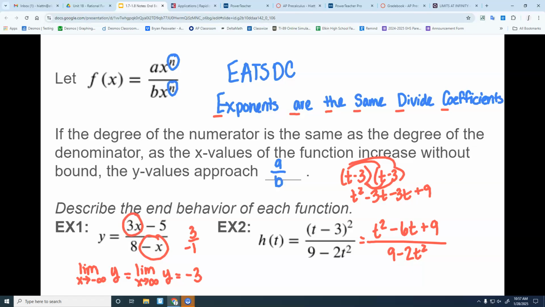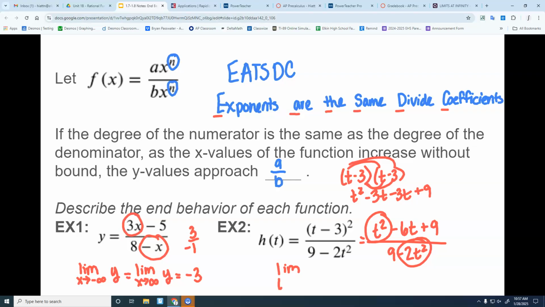So before you can use the ECC shortcut, you have to have everything expanded out. Then you can look at the highest exponents on top and bottom. So here our limit as, be careful right here. I don't need to say x approaches infinity. What needs to approach infinity here?